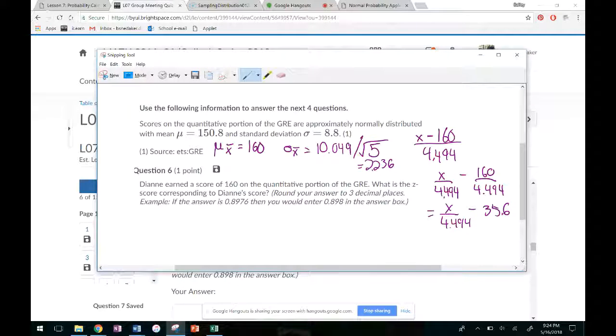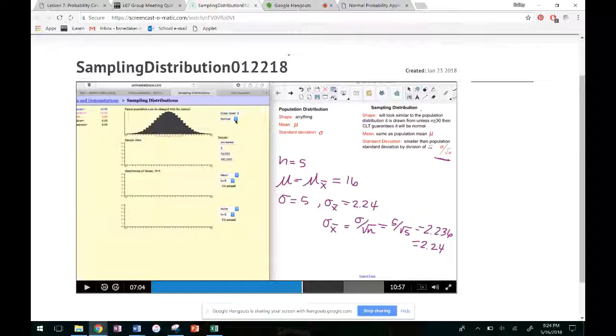Okay, so sigma x bar equals... Can you see this? Yes, the screen with the graph on the left, the sampling distributions.